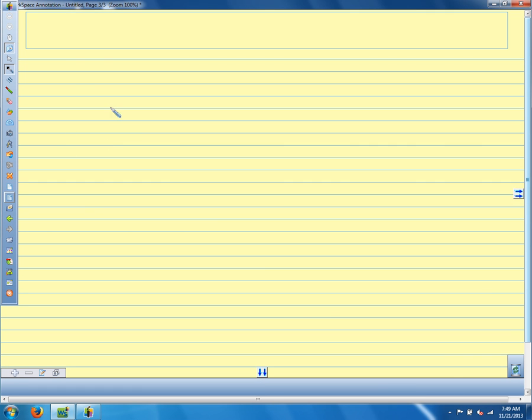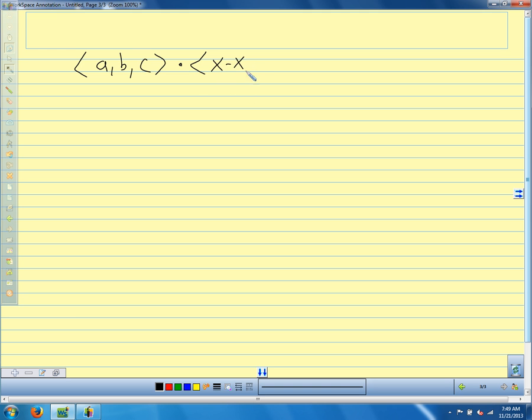So we're going to say that N, our normal vector a, b, c, dot our vector PQ, is going to be x minus x1 for the x component, y minus y1 for the y component, and z minus z1 for the z component.